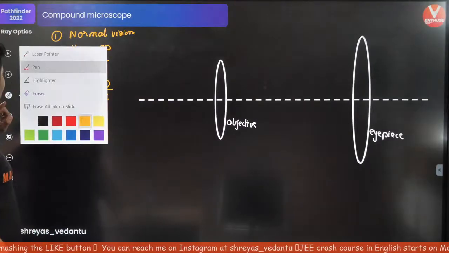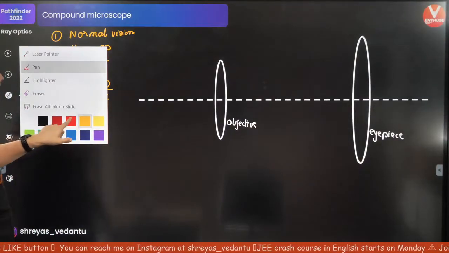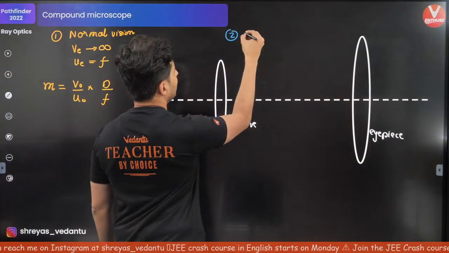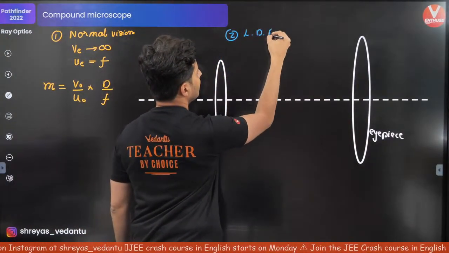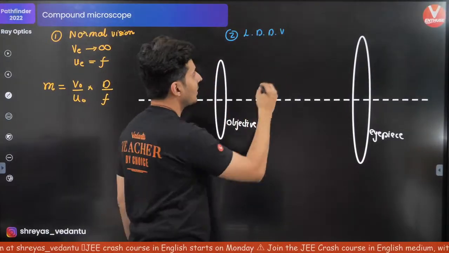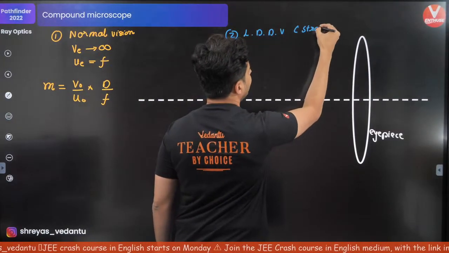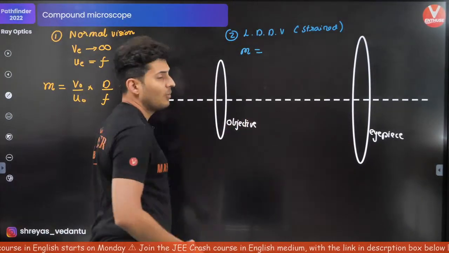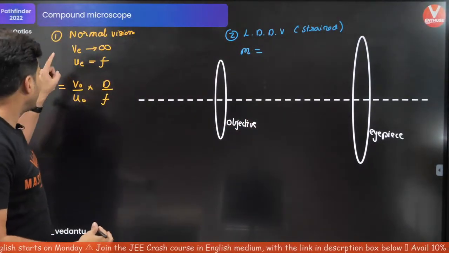Excellent. Now, similarly, if I talk about the least distance of distinct vision, basically for the strained eye, what will be the magnifying power? It will be again similar.